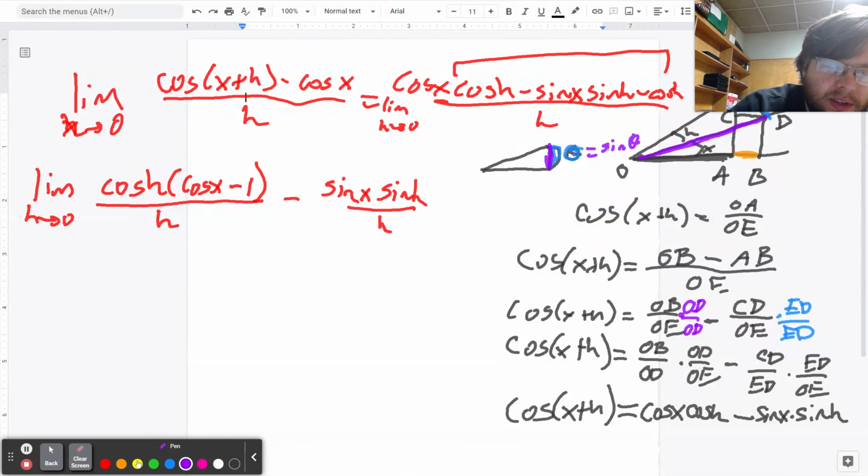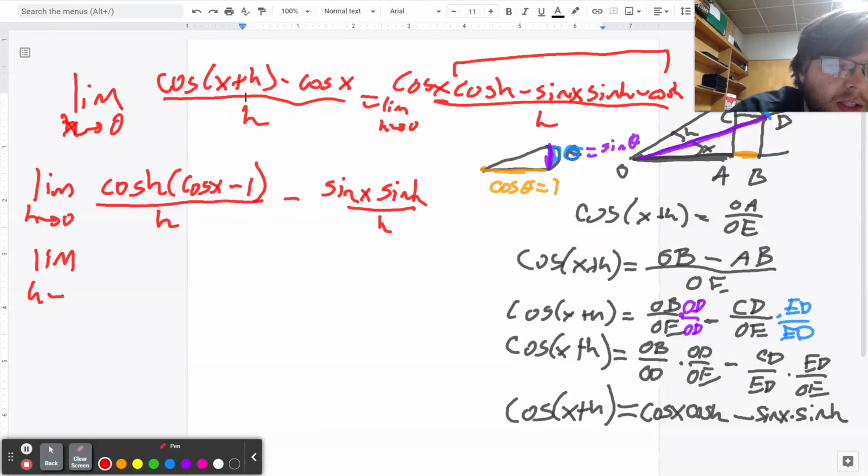And for a very small angle, think about the unit circle again, the cosine value is practically equal to 1. So here's what we've got. We're going to use those substitutions.